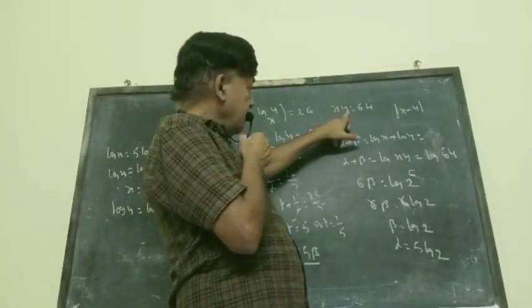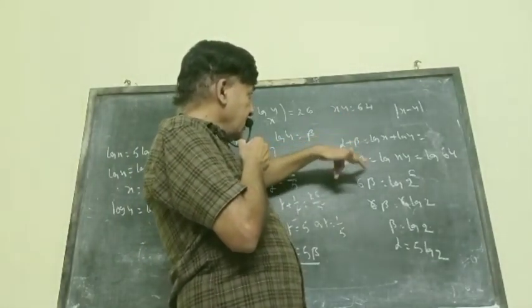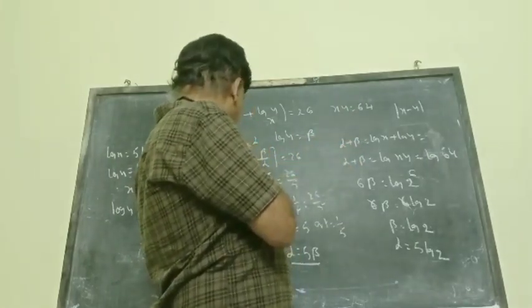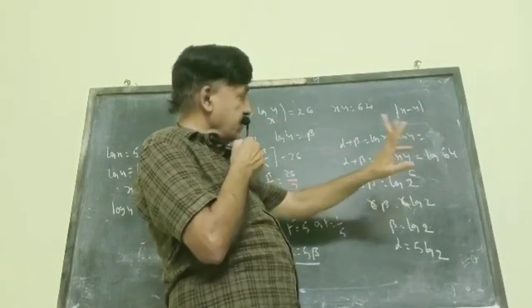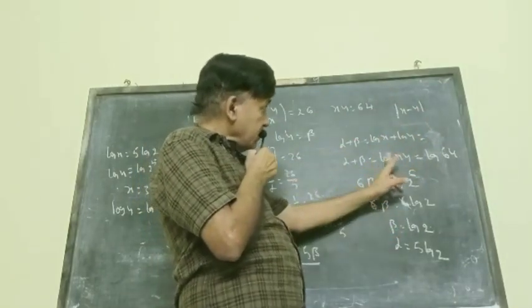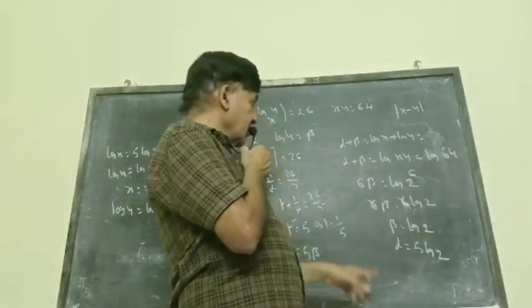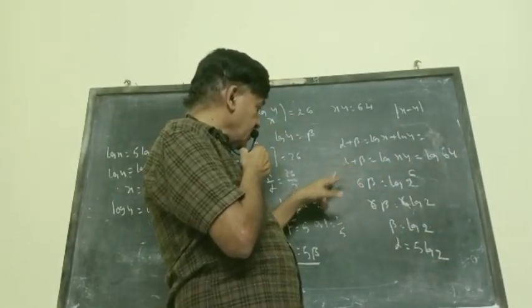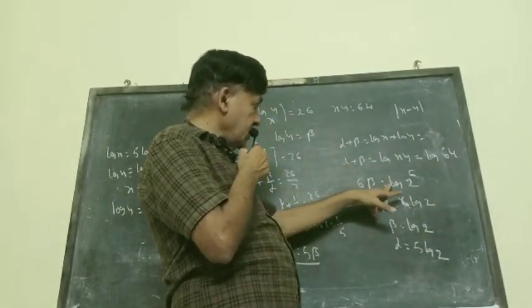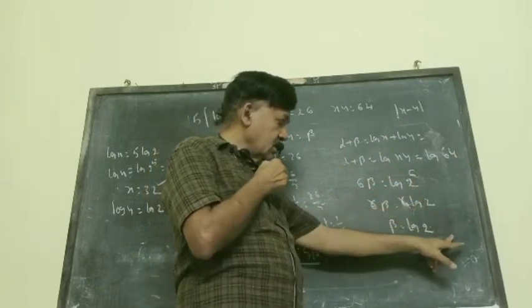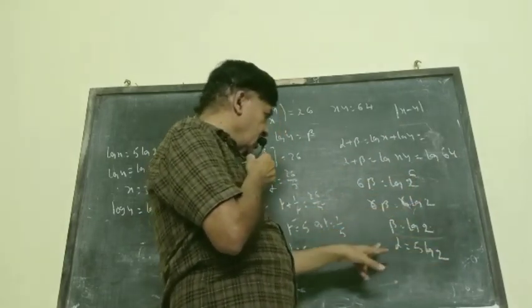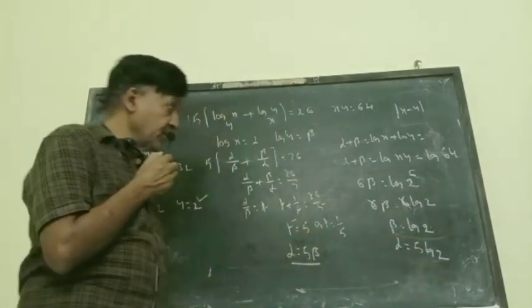Next is xy. So who will get xy? Consider alpha plus beta. Then log x plus log y is what? Log xy. Log xy is log 64. The alpha is what? 5 beta. So 6 beta is log 2 power 6. So beta is equal to log 2 you got. Alpha is 5 log 2 you got.